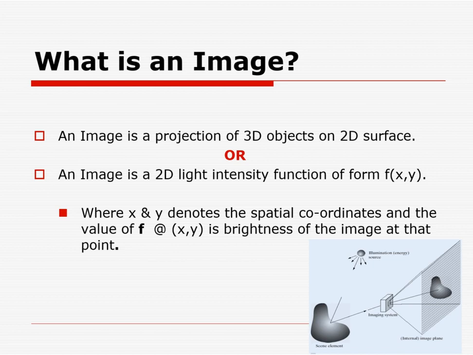There will be some value, some response, some magnitude, which will depend upon x and y. These two independent variables represent rows and columns, horizontal and vertical propagation. So an image can be defined as something having multiple rows, multiple columns, and then we will have some particular value.